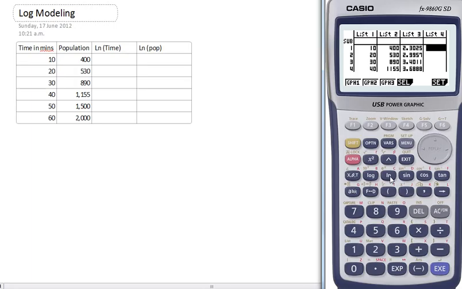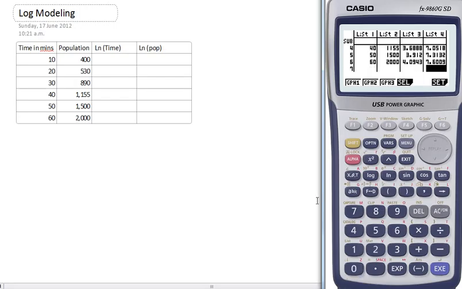So that's my log x, and in my last one it's going to be ln of 400, ln of 530, ln of 890, ln of 1155, ln of 1500, and ln of 2000.